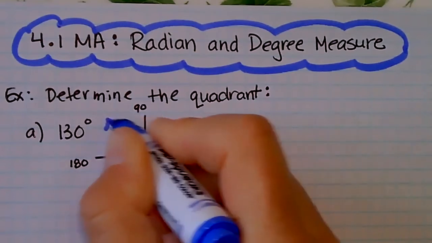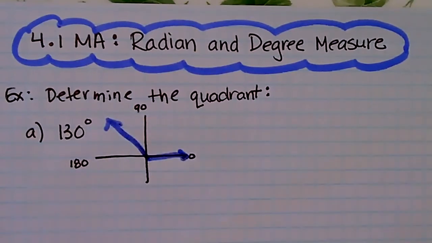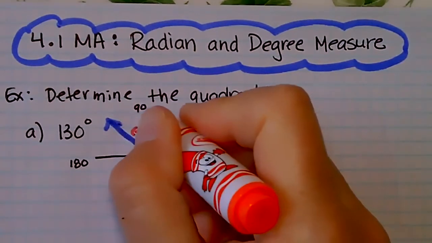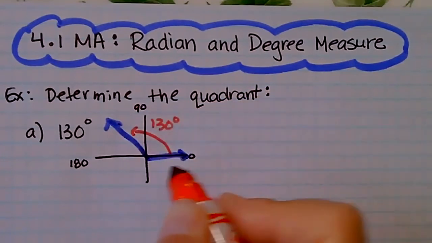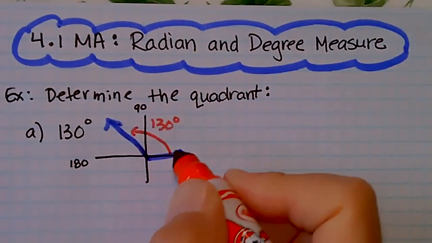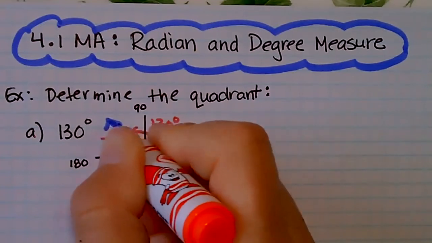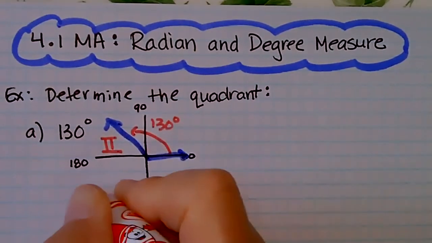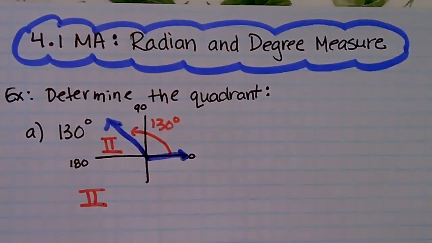So let's just say here. And let's get a different color. This would be, for example, 130 degrees, starting here and ending here. Now, what quadrant am I in? I am in quadrant 2.